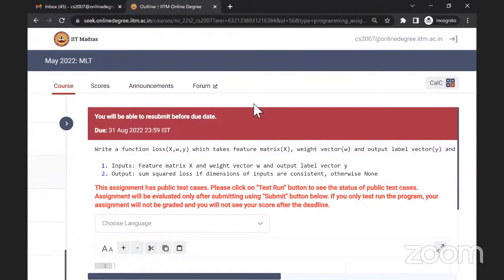I have started to receive answers. Soumya has written an answer. Vivek has also published his code, so let's submit. Ranjit has also listed his answer.